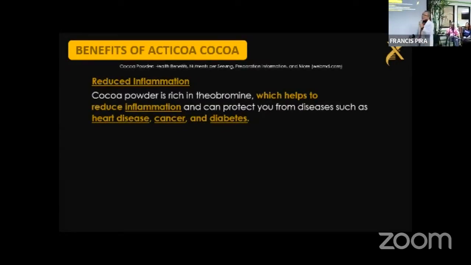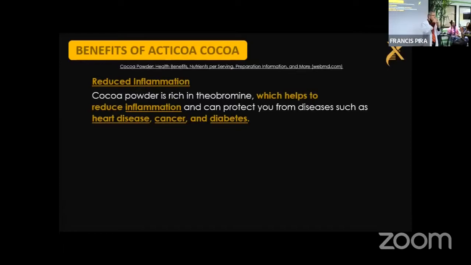So if you can prevent your endothelium from being inflamed, then you can prevent the formation of plaques and the attachment of cholesterol and fats in the area where there is damage. So it will actually protect our body from heart disease, cancer, and diabetes.